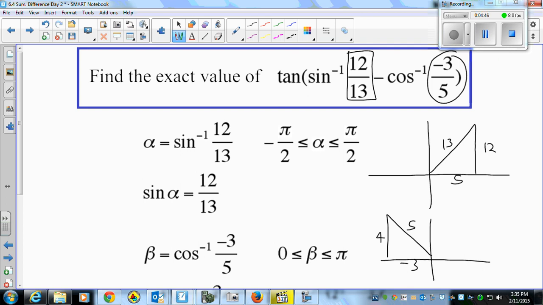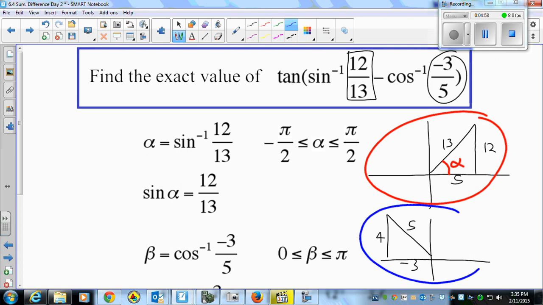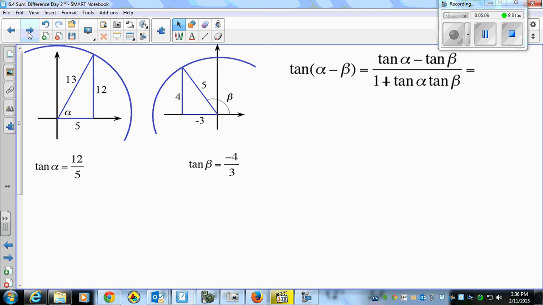So now that I have these triangles drawn, I got to remember that this triangle is relating to my angle alpha, and this triangle down here is relating to my angle beta. So I can find my other trig functions just like we did in chapter 5. So going off of those, again, I have my alpha and my beta here.